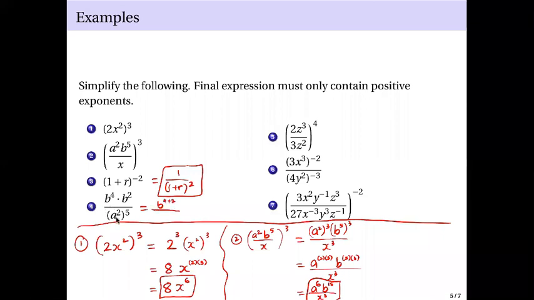For the denominator, you have a squared to the 5, so you just multiply 2 and 5. So a raised to 2 times 5. If we simplify, we'll have b to the 6 over a to the 10. So this is our final answer for this one. Okay? Questions?